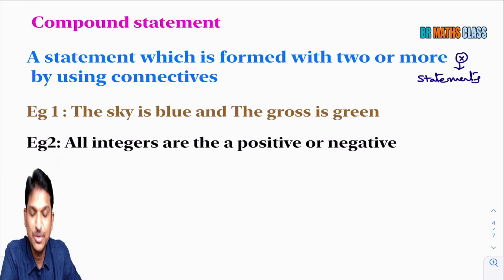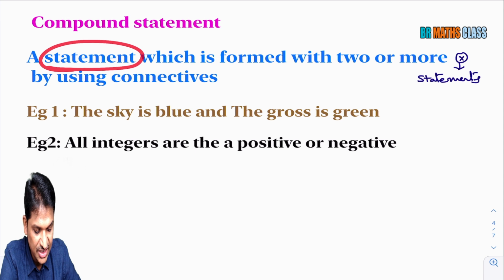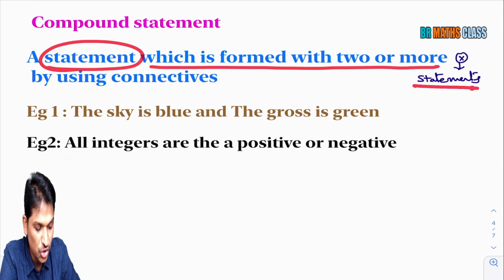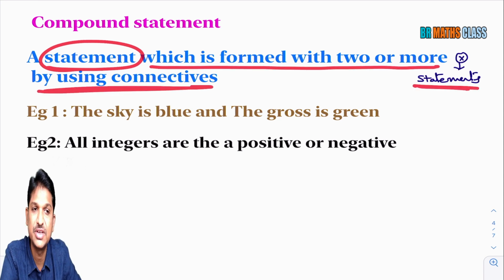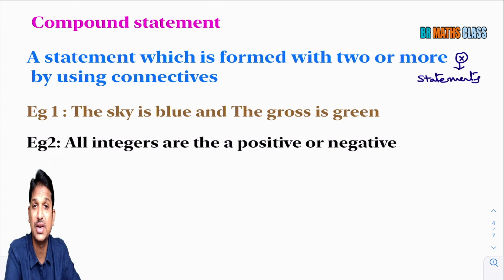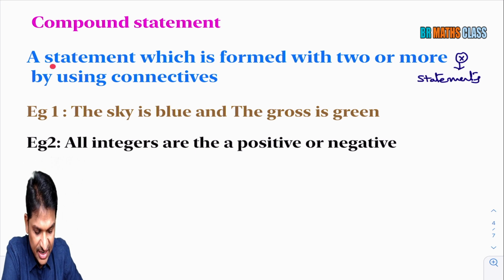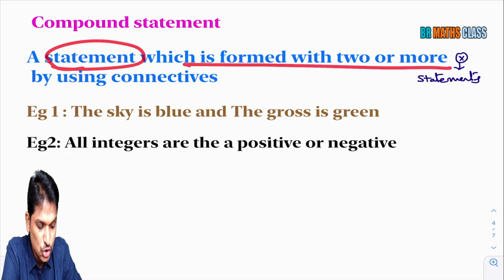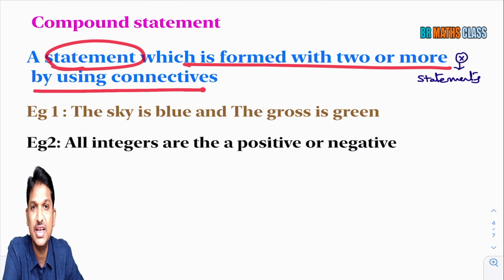What is a compound statement? It is a statement which is formed with 2 or more statements by using connectives. Connectives means what? Just now we learned what connectives are: 'and', 'or', 'if then', 'if and only if'. So what is a compound statement? A statement which is formed with 2 or more statements by using connectives.